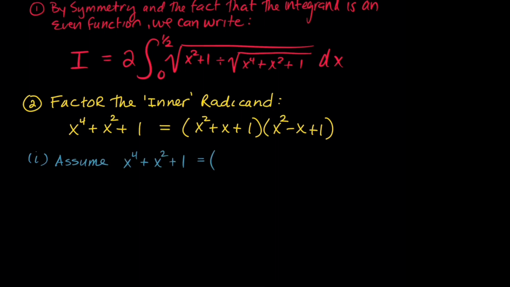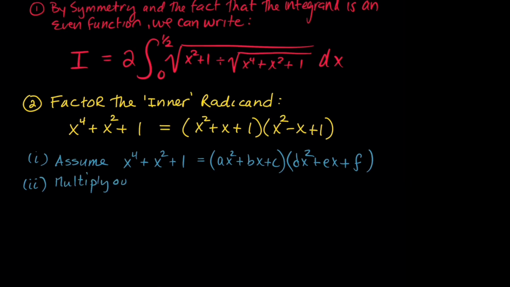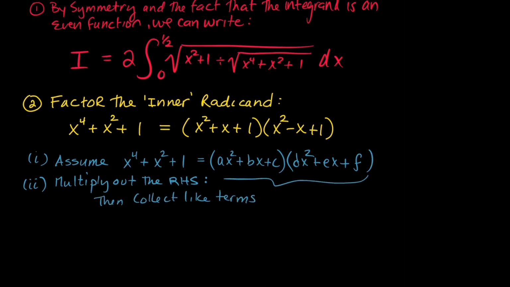Now, in order to find those two factors, here's how you would do it. You assume that this will factor into two general quadratics of the form ax squared plus bx plus c and dx squared plus ex plus f. And then you would multiply out the right-hand side so that you collect like terms, and then you can equate both the left and the right-hand sides in terms of their coefficients.